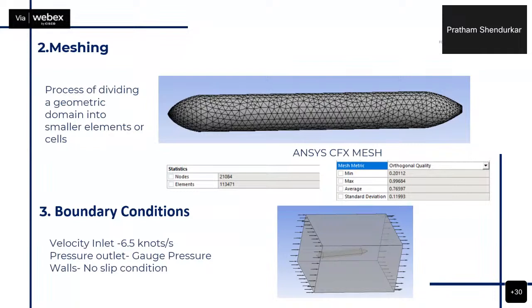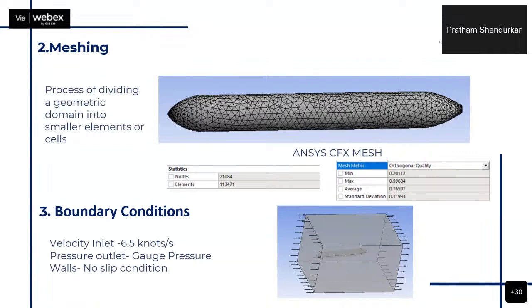The next thing we do in CFD is the meshing. Meshing lies at the crux of CFD. The definition of meshing is the discretization of the domain for solving the equations. In simple terms, meshing is the process of dividing a geometric domain into smaller elements or cells. Then we solve the equations for the smaller domains, and we get the aggregated output as a pressure output or velocity wherever we want.